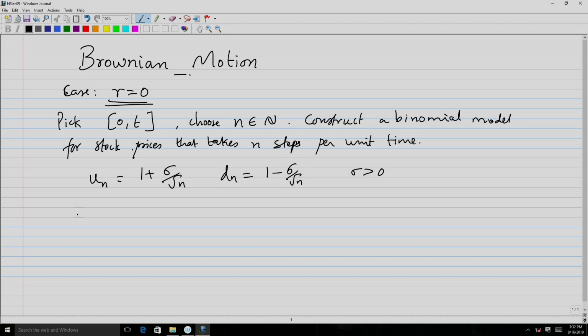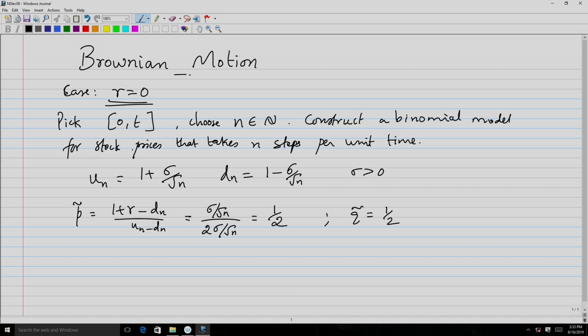Now, the risk neutral probability, which we know is (1 minus d_n) by (u_n minus d_n), will work out to be sigma over root n by twice sigma over root n, which is equal to half. That implies my q tilde is also equal to half.